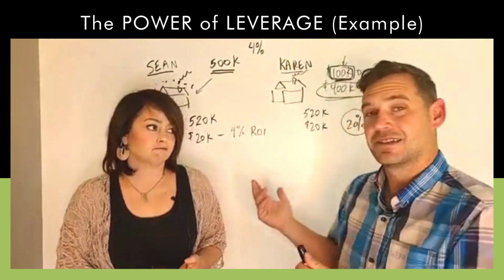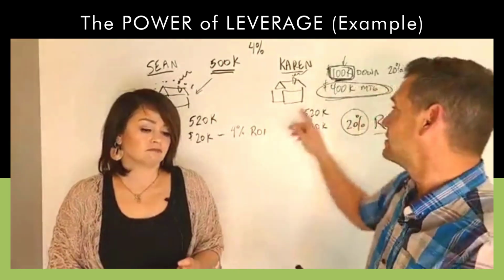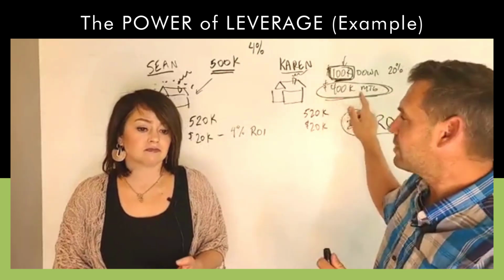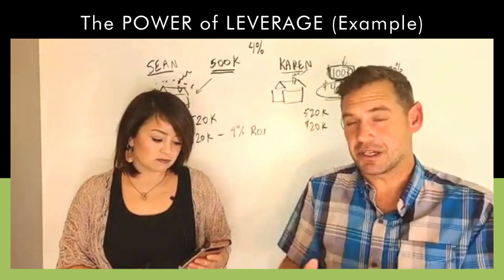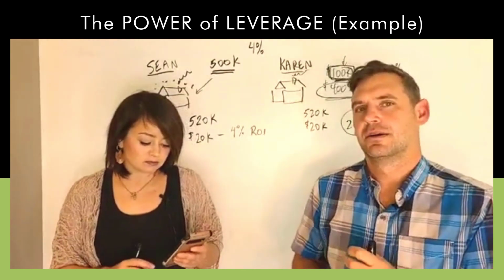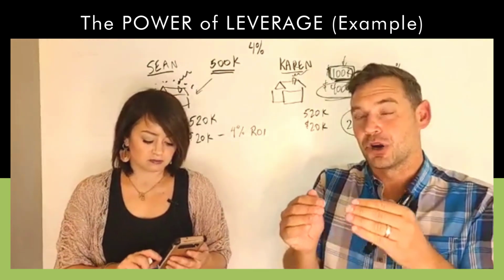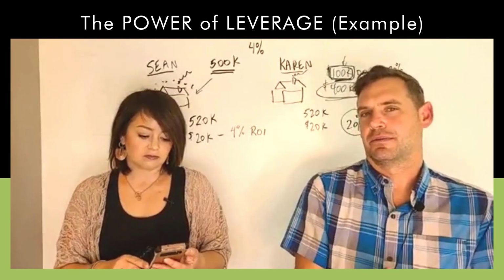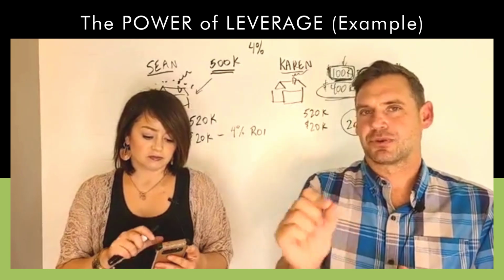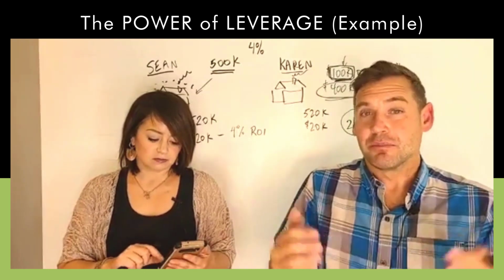And in this case, other people is the bank, because we are making a return on the bank's money. The bank is giving us money, and yes, we pay interest on it, but we're making more money than the interest we have to pay. Okay? So that's really where we can make more money in real estate.